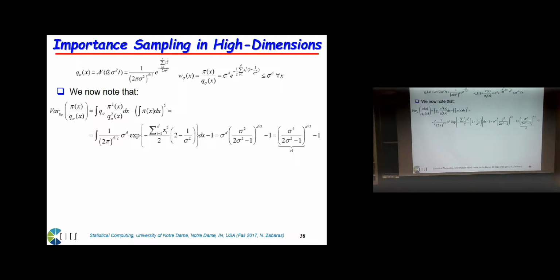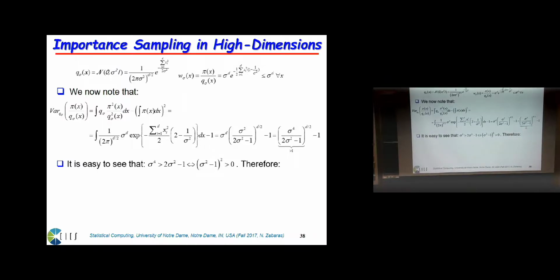But the conclusion I know is going to be right. You guys tell me when you check it out, okay? So if you calculate this variance, you know exactly that it is this to the power d over 2 minus 1, and this thing inside the parentheses is greater than 1.